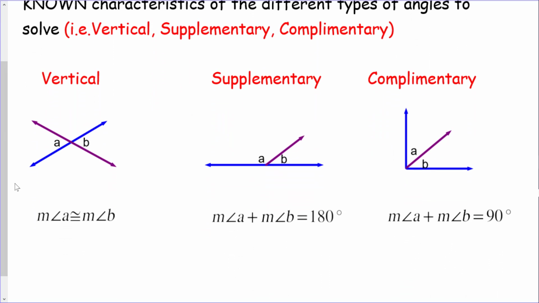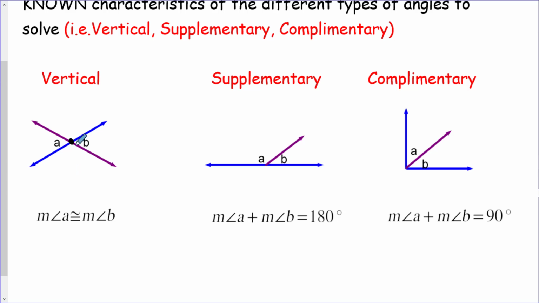All right, so what do we know about vertical angles? We know that vertical angles are the angles that are formed when we have two lines that intersect and they share a vertex here.